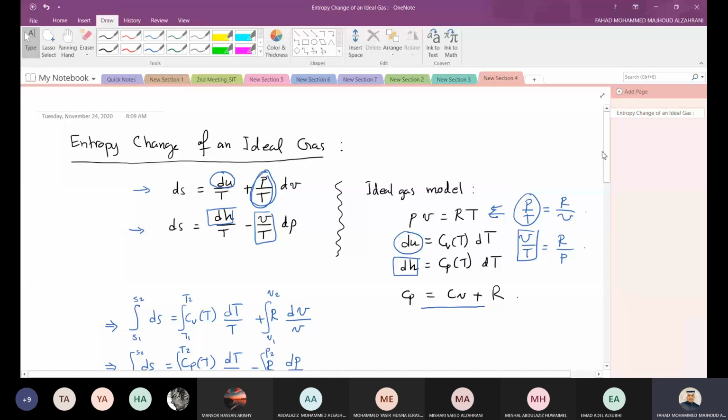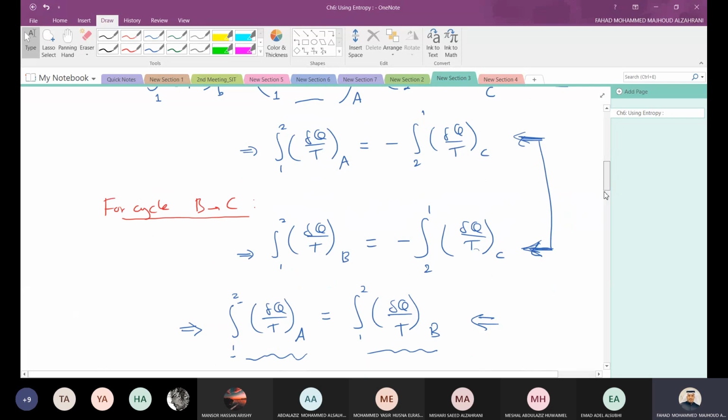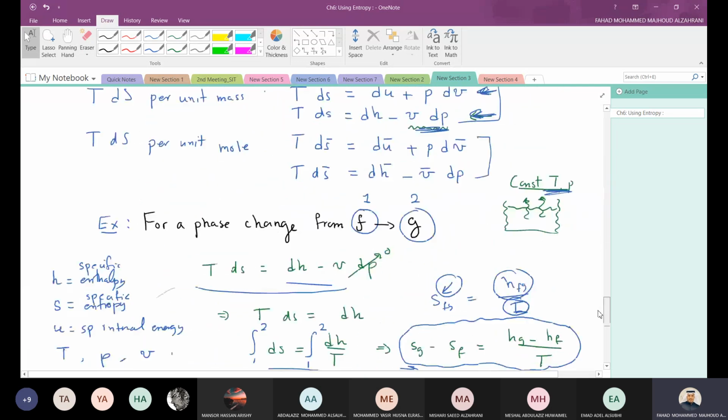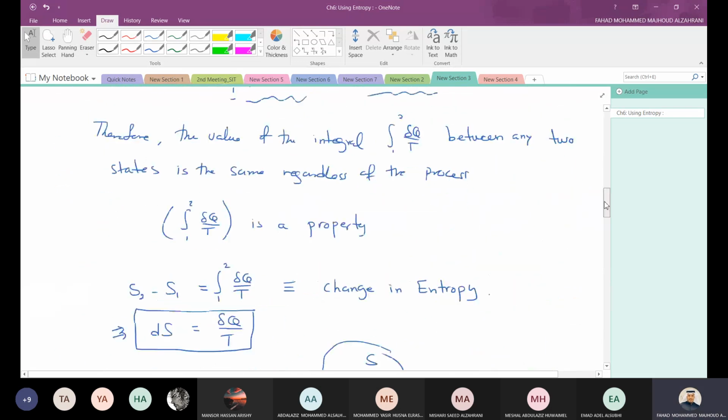Last class يا شباب, we talked about the entropy change of an ideal gas, which is part of chapter 3, where we introduced the definition of entropy and the entropy change. We introduced the equations that can be used to evaluate entropy and its relationship to all other properties.